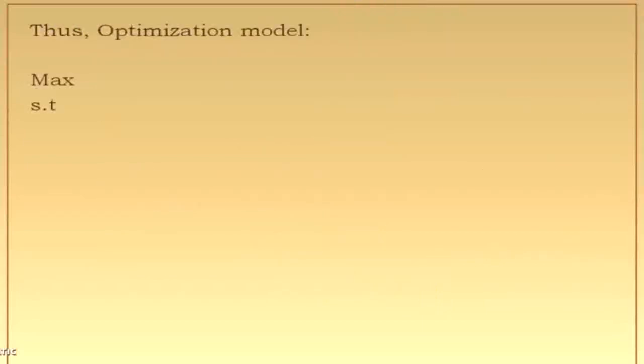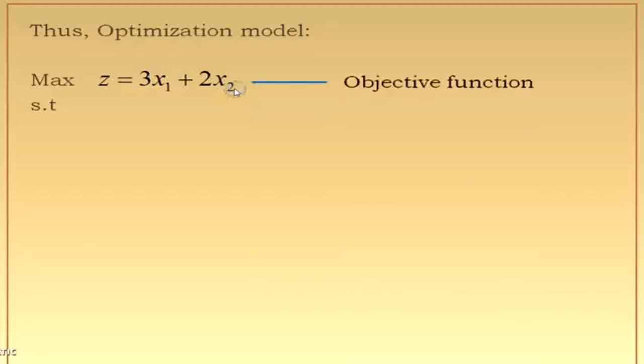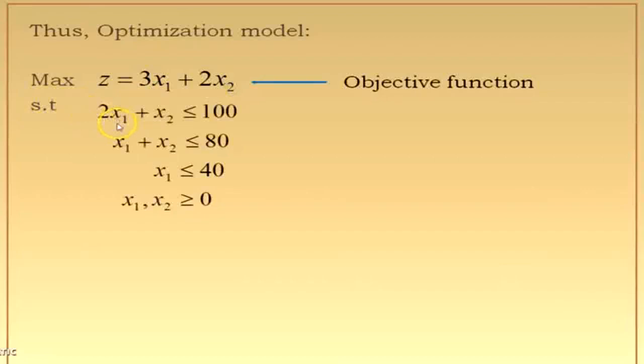Finally, we combine all the functions into one complete model. For the Kinderwood problem, the model is maximize z equals 3x1 plus 2x2 subject to 2x1 plus x2 less than or equal to 100, x1 plus x2 less than or equal to 80, and x1 less than or equal to 40.